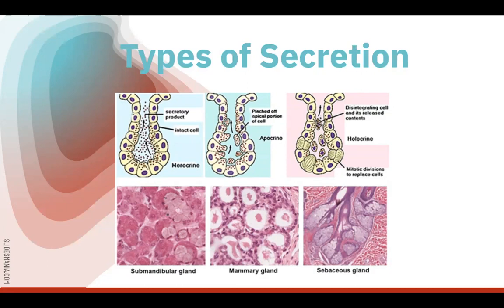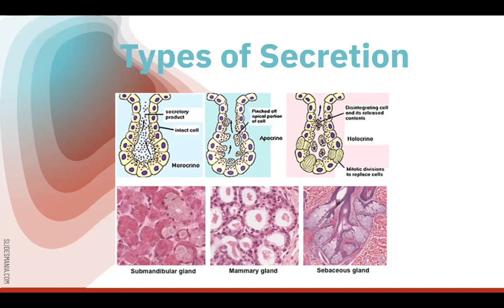The secretory cells are not changed in any way, like the pancreas, most sweat glands, and also salivary glands, they are merocrine. Then there are holocrine glands, and these accumulate their products within them until they rupture.